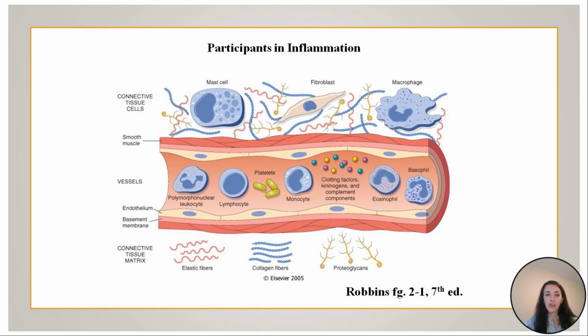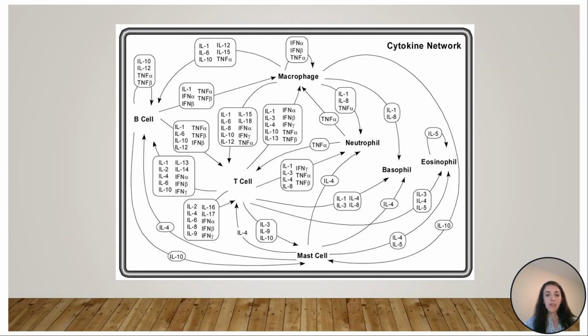Here's an image that just shows a few of the main participants in inflammation, some of the immune cells that are involved, like mast cells that are involved in that histamine response, macrophages, fibroblasts, and all kinds of other good stuff. And those cells release all these other inflammatory cytokines.